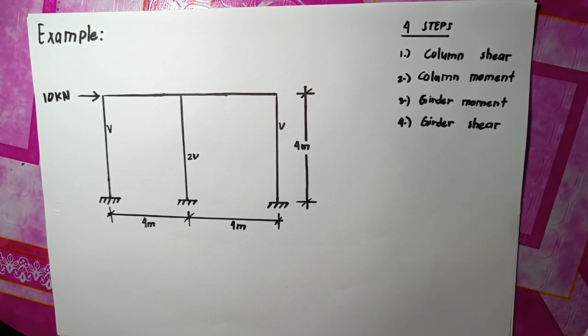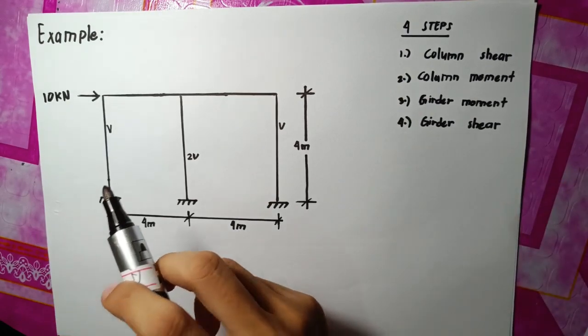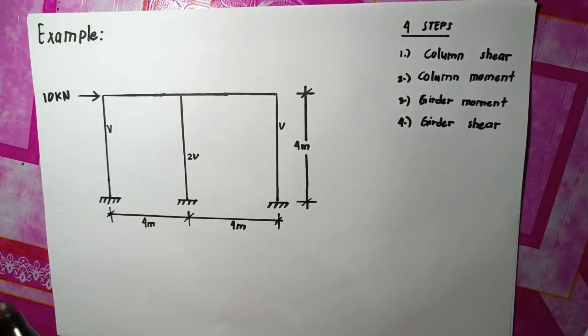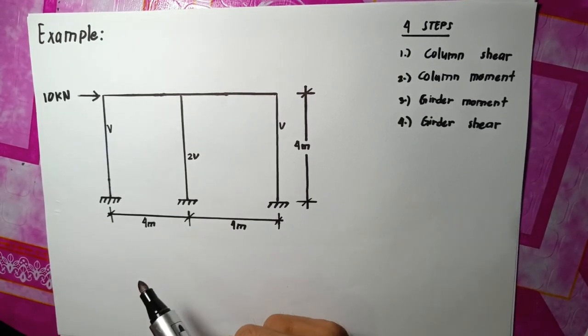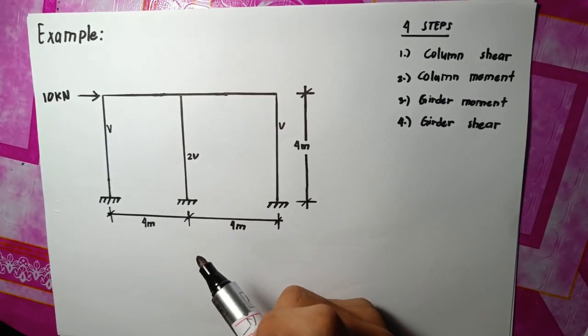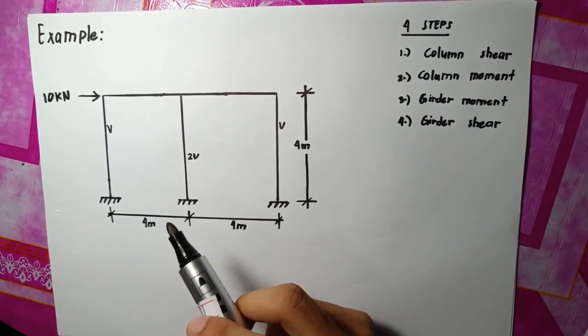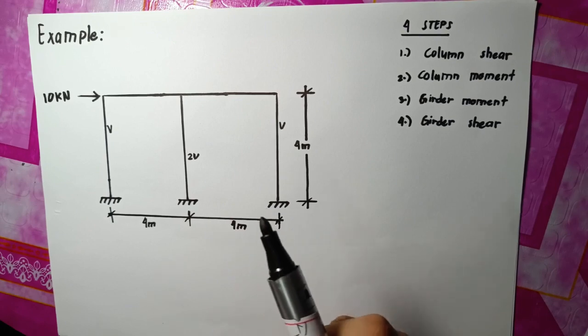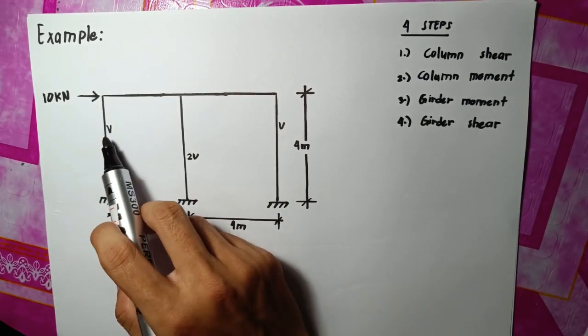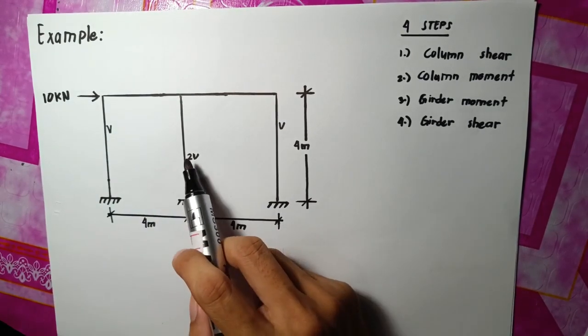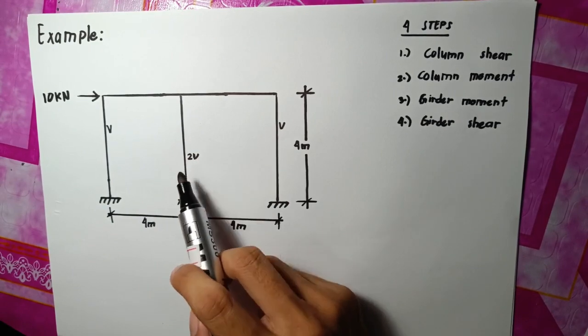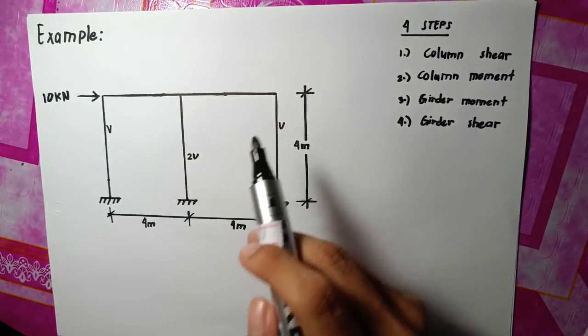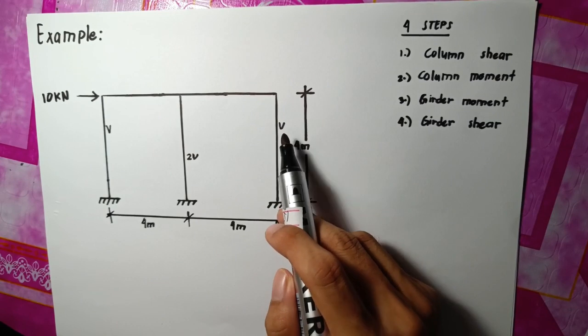First, in the third assumption of the portal method, each interior column carries twice as much shear as each exterior column. So here we have single shear, and the interior has twice the shear, and the exterior is single shear.